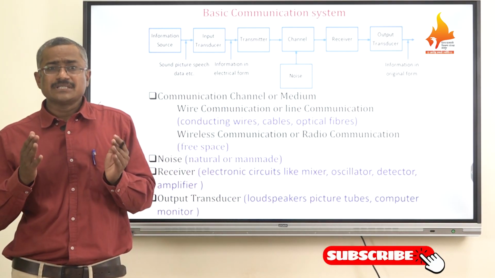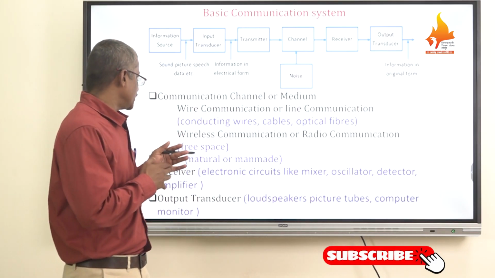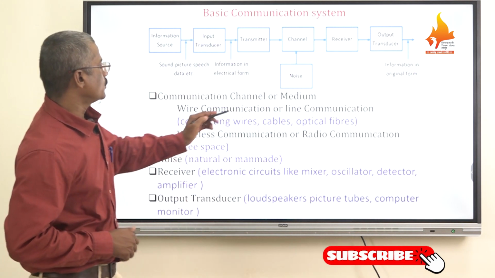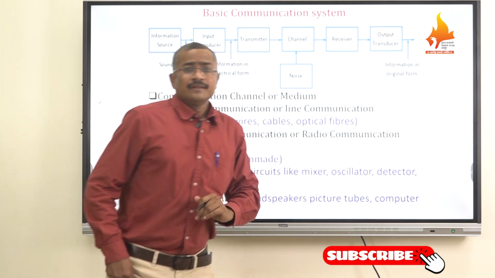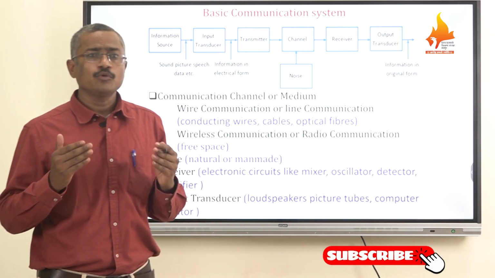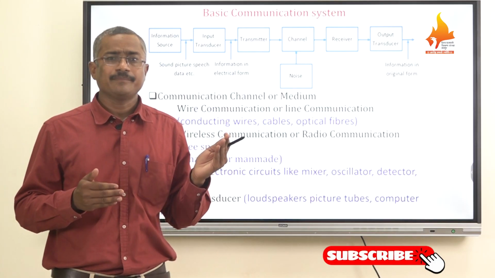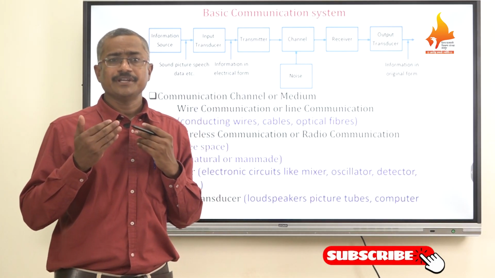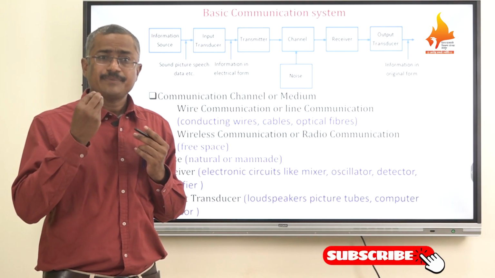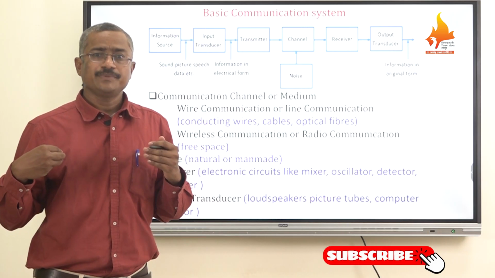Now, the received signal, which is basically an electromagnetic wave, is given to the output transducer. The next component is the output transducer. The output transducer converts the electrical signal at the output of the receiver back to the original form. Means, for example, if we are communicating, then our voice, which may be speech or music, can be converted back into voice or speech or music.